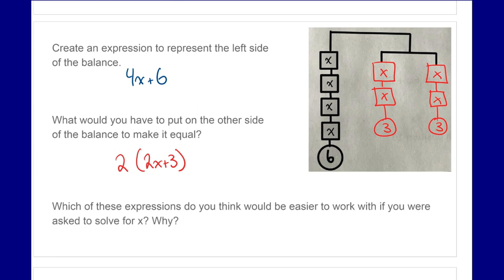We've come back to them in the multi-step equations lesson, and we started with them in the 1 and 2-step equations lesson. So we should be fairly comfortable with 2-step equations. So I might suggest that we work with the first one, the 4x plus 6, rather than the 2 times 2x plus 3.